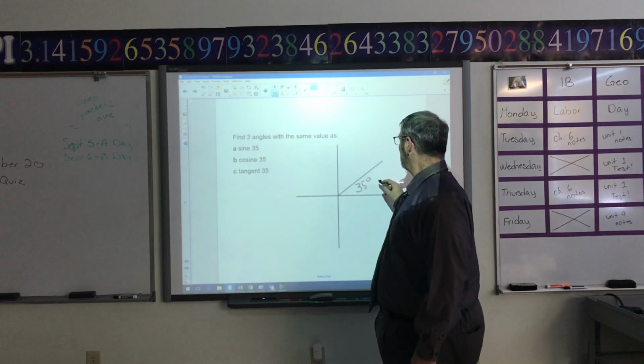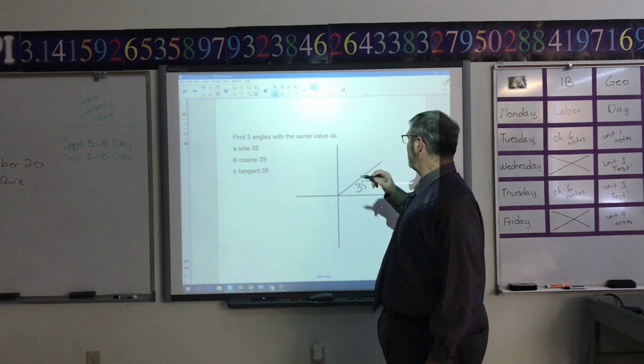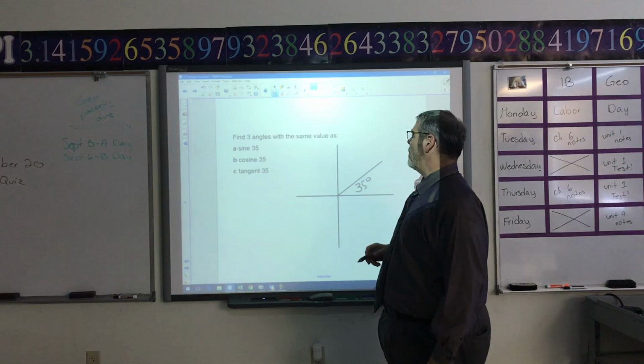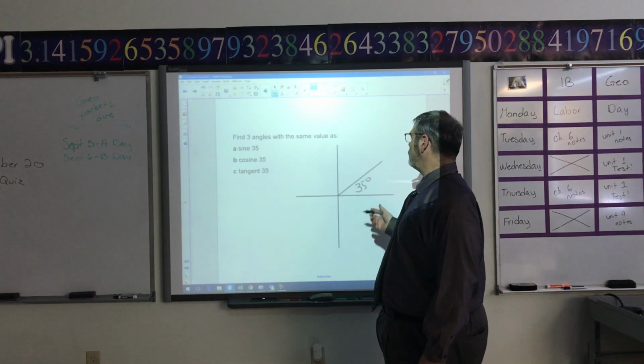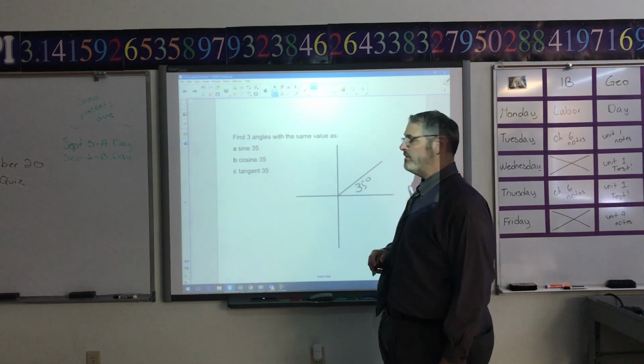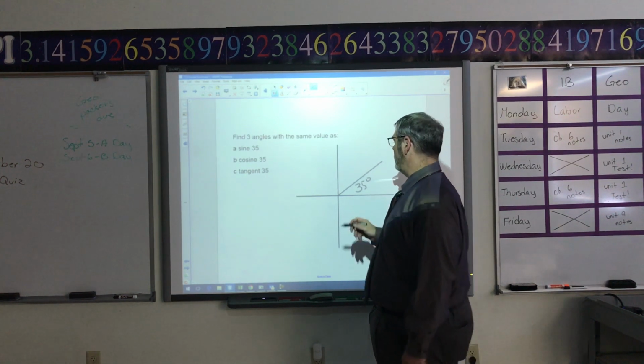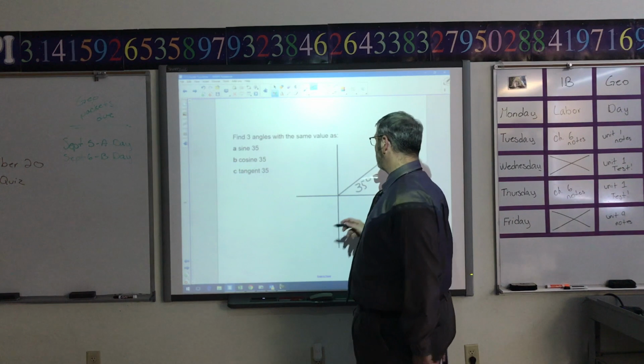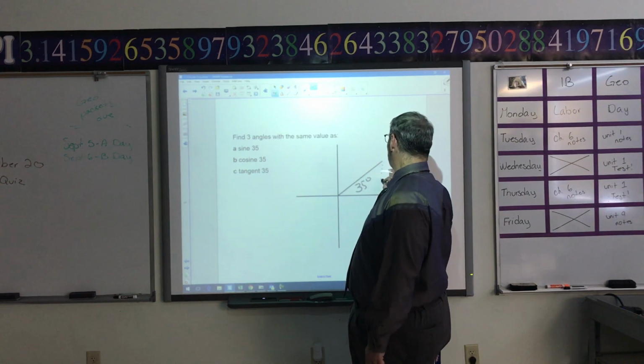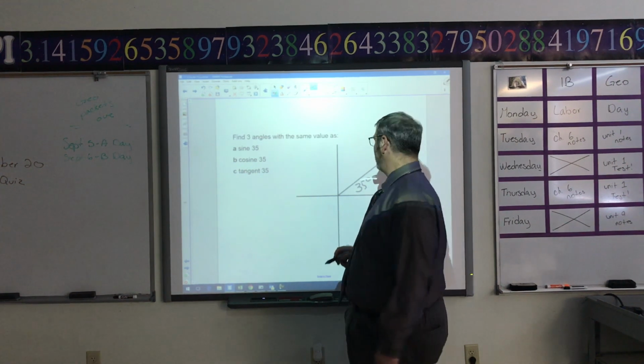In other words, my y value here is 35 degrees. What other angle is also going to have the same sine as 35 degrees? Well, there's going to be 3 other ones. Remember, we said the sine has to deal with my y value.